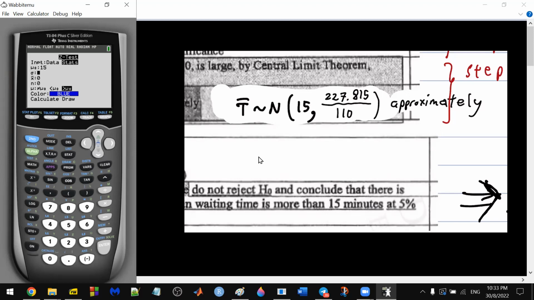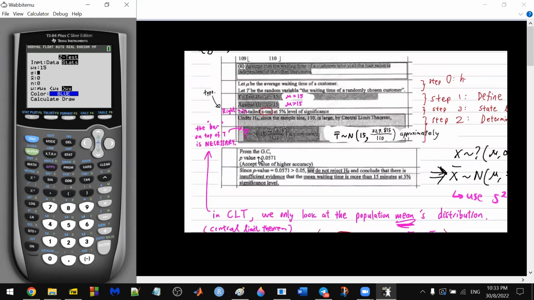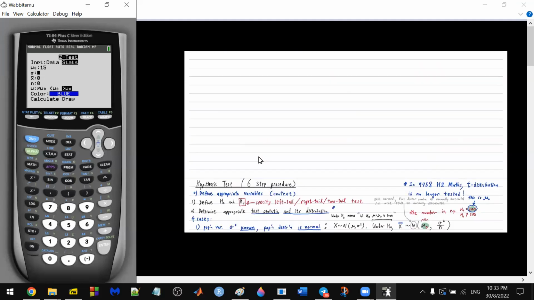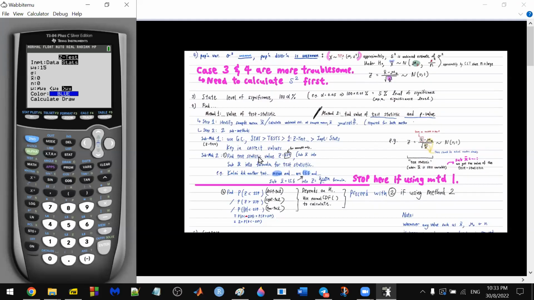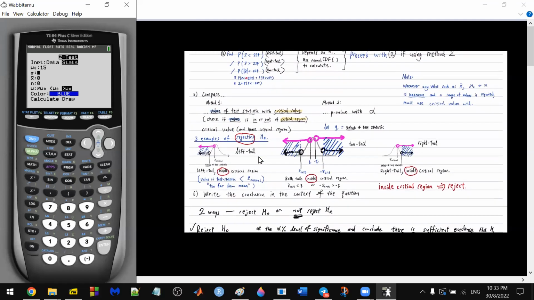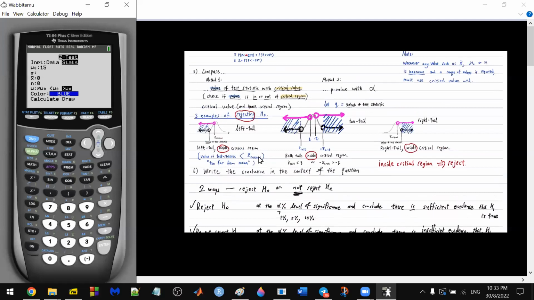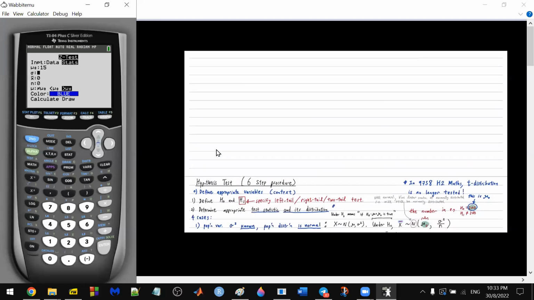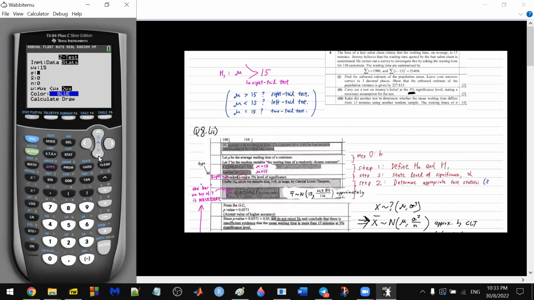What is the sigma value again? Let me think a bit. This is a right tail test, right? Mu is 15.